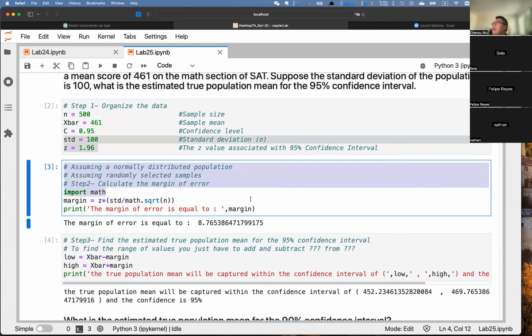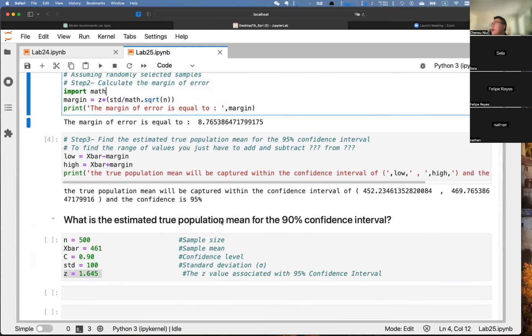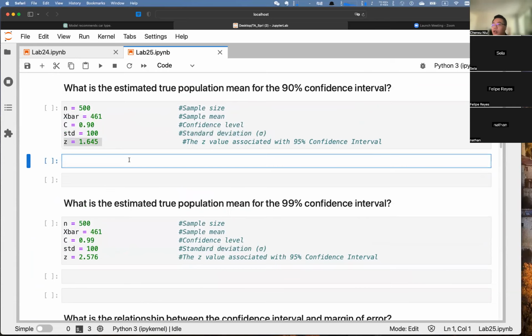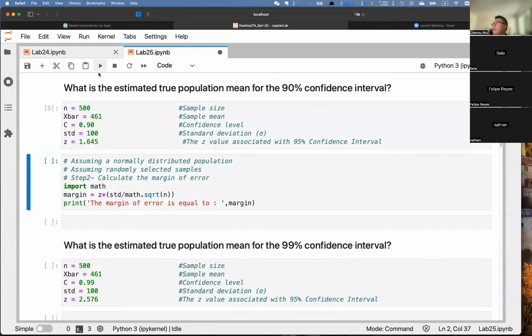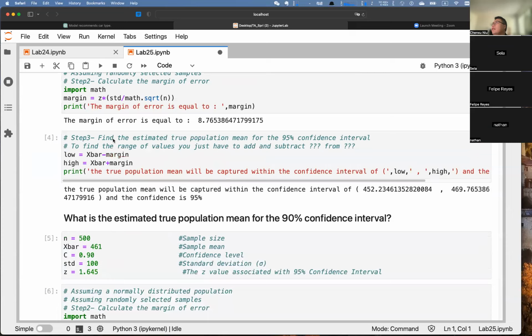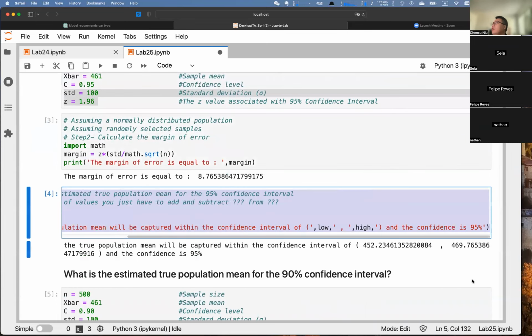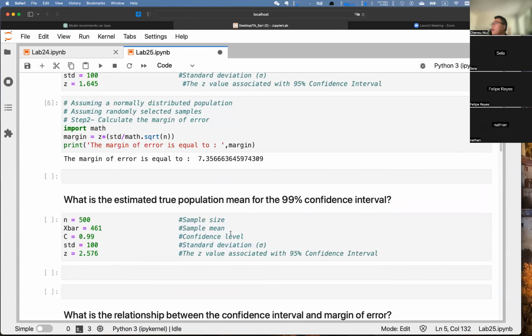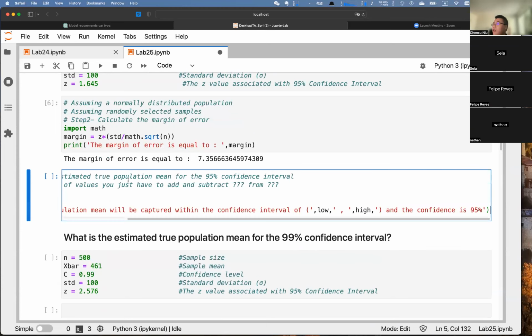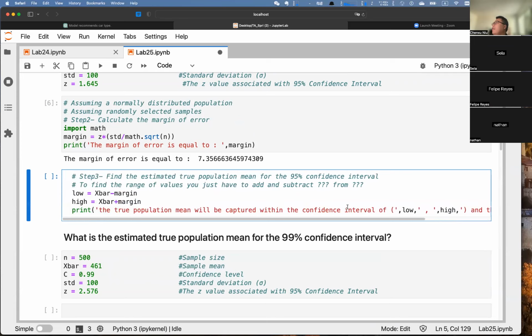After that, you can copy the second part to compute the margin of error. Please make sure here it is 90, not 95.